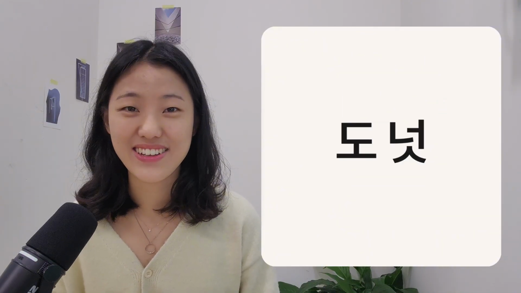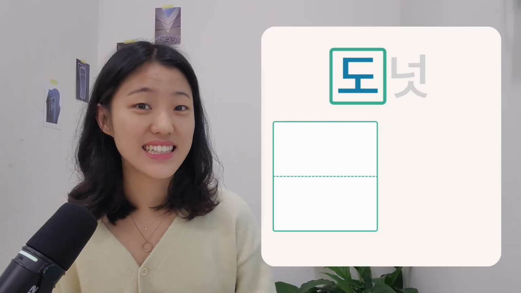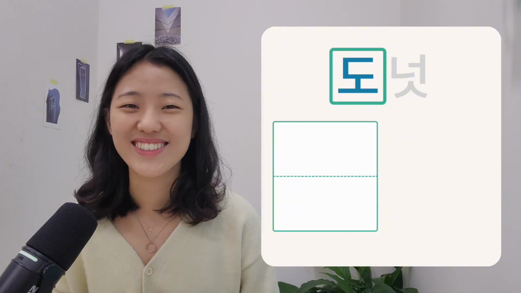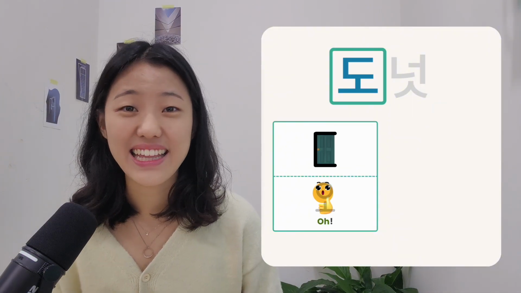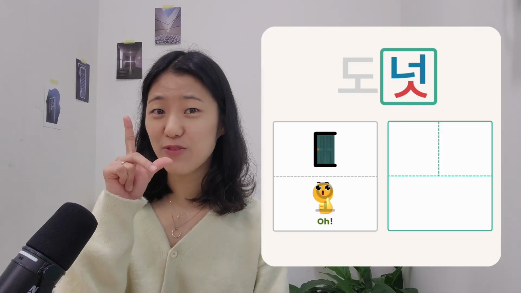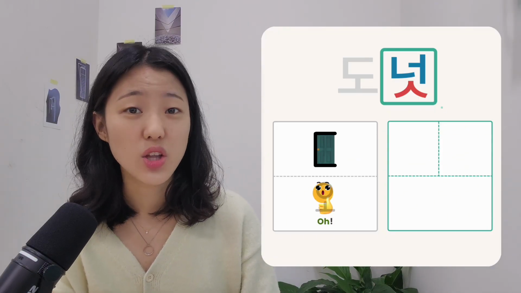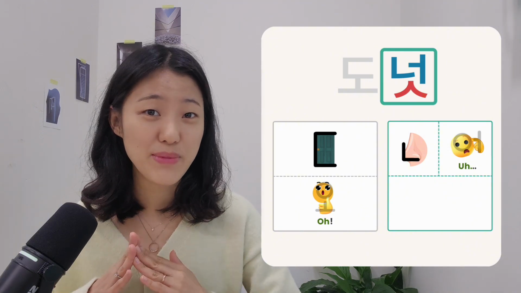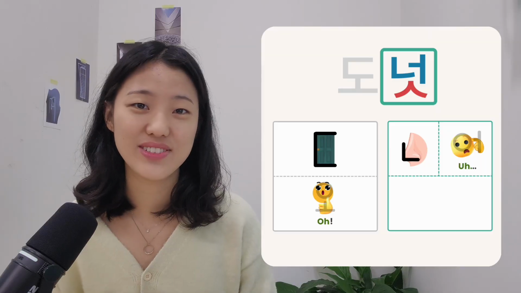And the last practice for level 3, which is this one. So, let's read this together. The first one, it's easy for you. It's d from door and O from O. So, 도. And the next, you have n from nose and o, so no. And you have s at the end. This one translates to T sound.